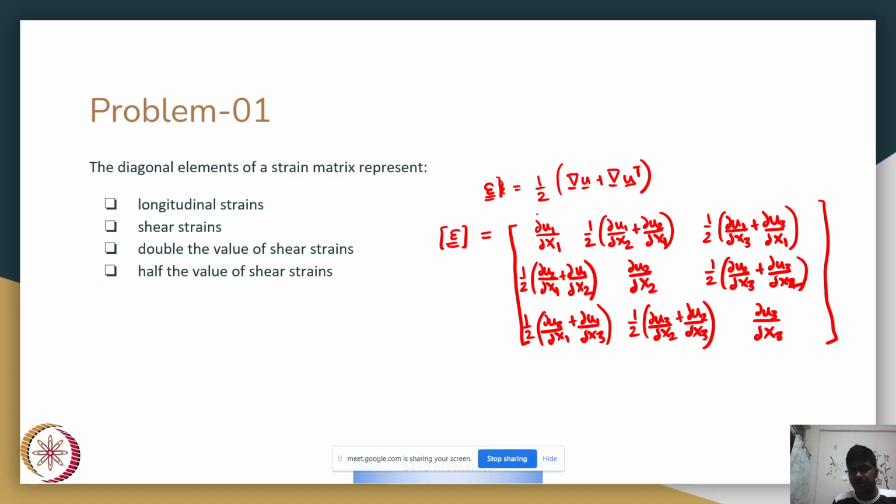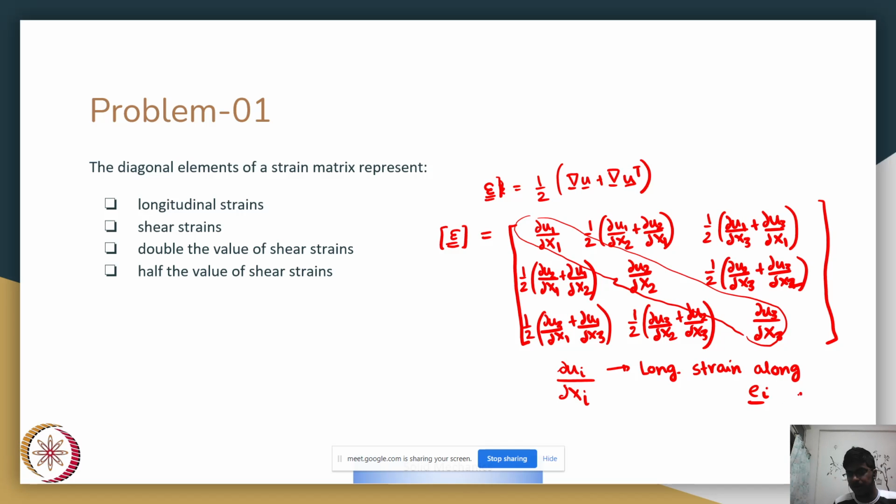As someone pointed out, these diagonal elements are essentially of the form ∂ui/∂xi, which is nothing but the longitudinal strain along the coordinate axis ei, where i will be 1, 2 or 3. Similarly, the off diagonal elements will represent half of the shear strain values.